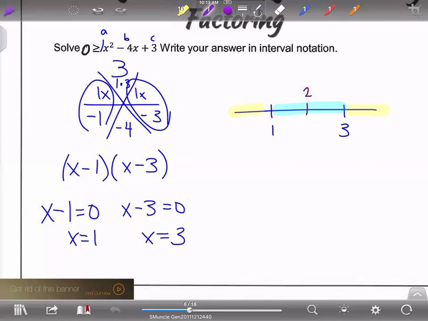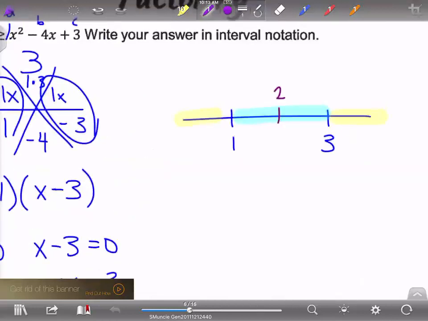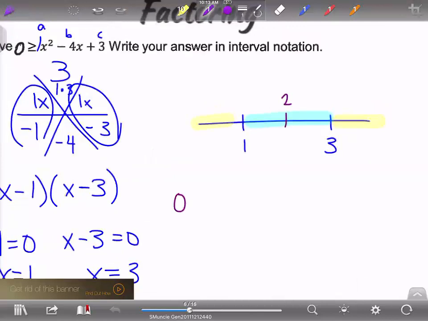We're taking out both x's and replacing them with 2. If I do that, I have 0 is greater than or equal to, in parentheses 2, squared minus 4 times 2 plus 3. The answer is -1.